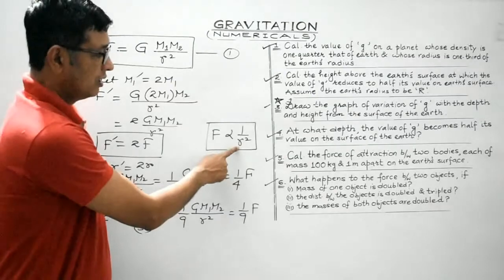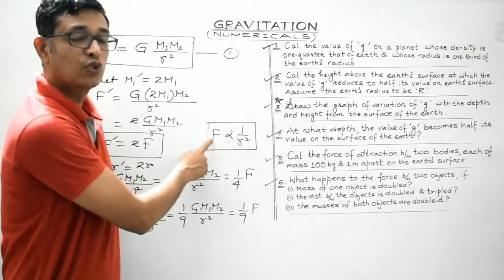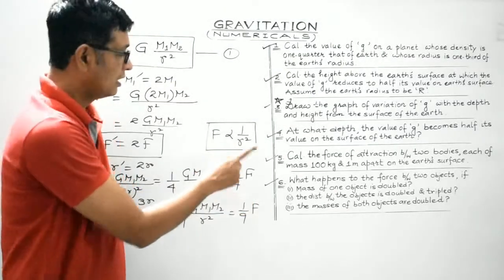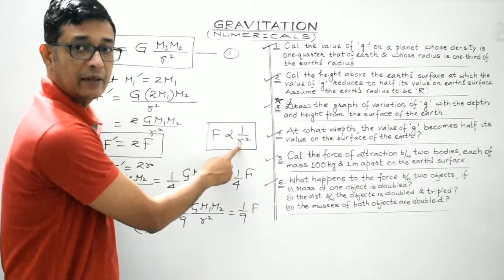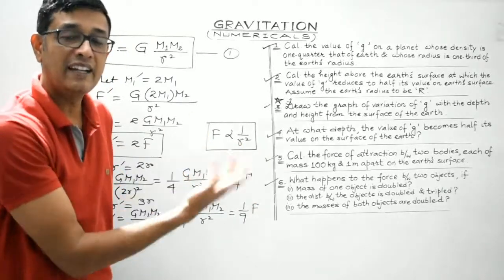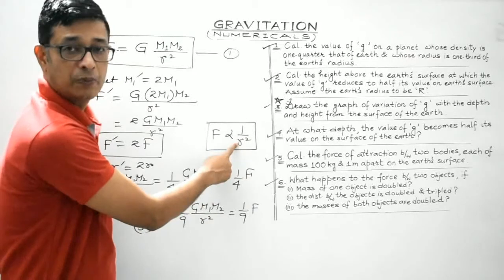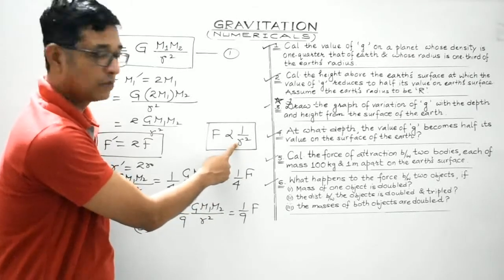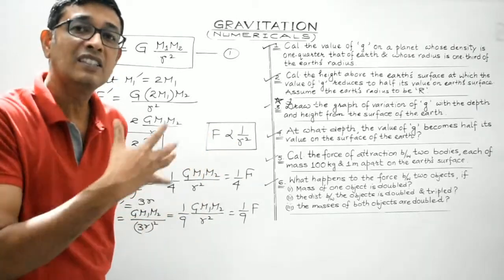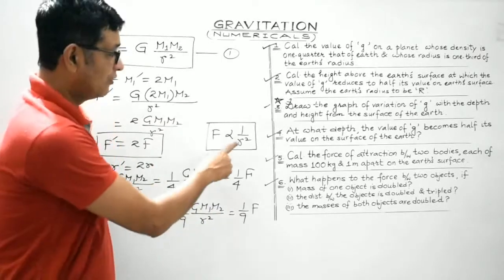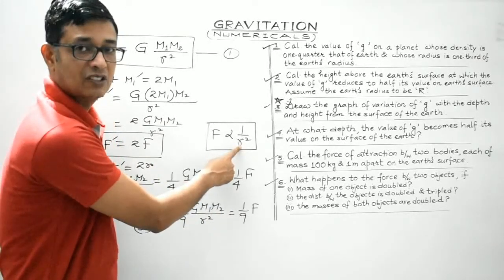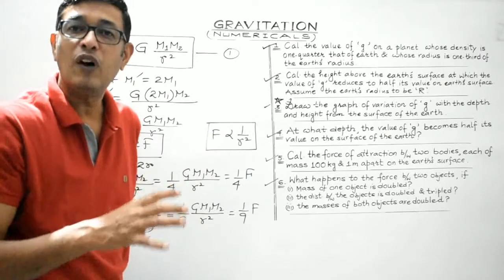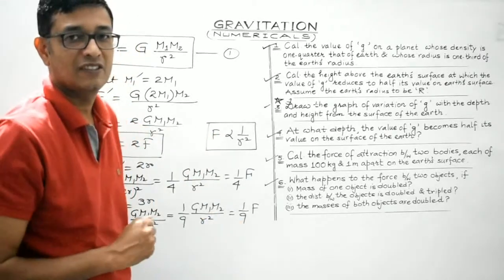So students, if r is made twice, then force will become 1 by 4 times. If r is made 3 times, then F will become 1 by 9 times. If r is quadrupled, that is if r is made 4 times, then the force will become 1 by 16 times. If the distance is made 5 times, then the force will become 1 by 25 times.